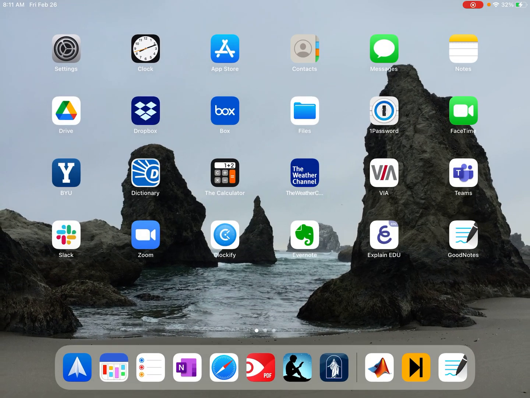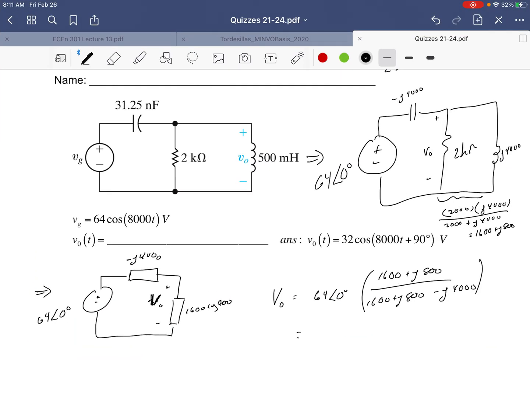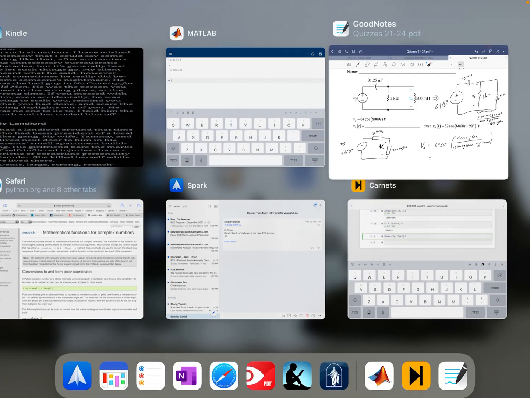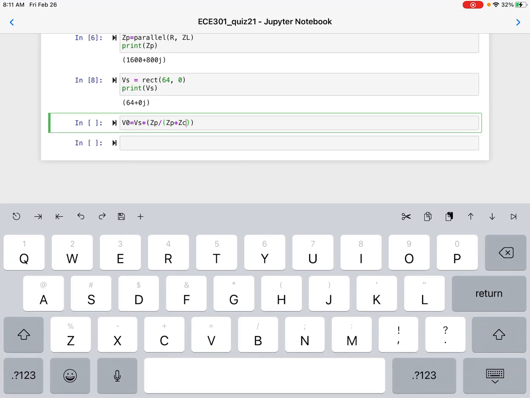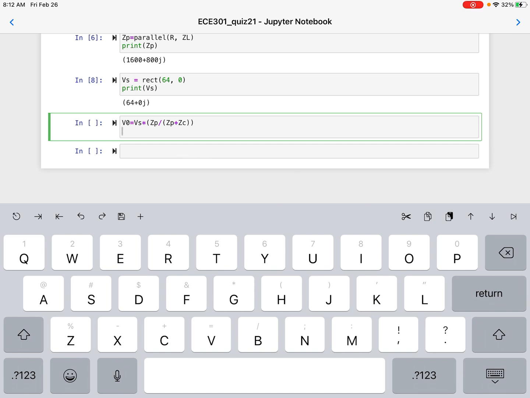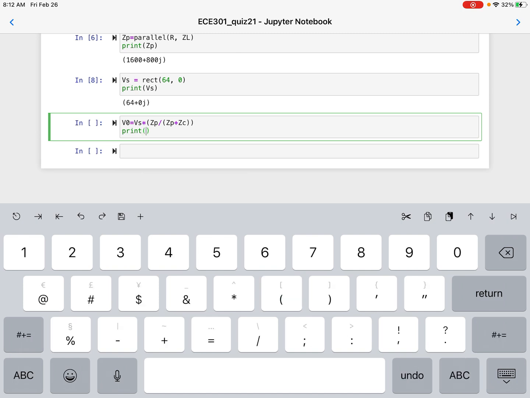Zc. So if I come back here, here's my Zc. So I've got to have Zp and Zc. All right, so that should be V0. And so I want to now print V0.